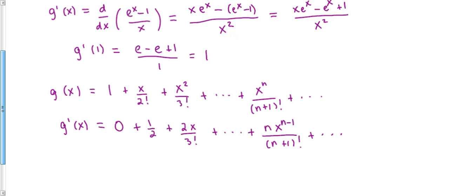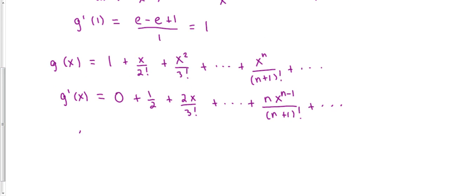And then once again, what I want to do is evaluate g prime at 1. And really, I can write this as a summation before I do that. So I'm going to have n equals 1 to infinity of n times x to the n minus 1 all over (n plus 1) factorial.